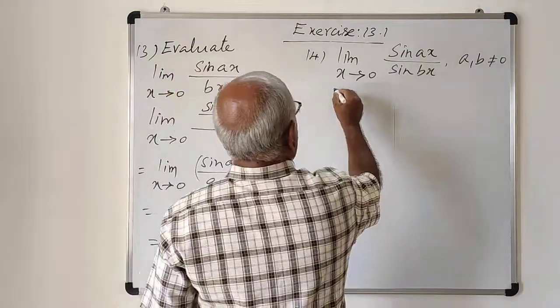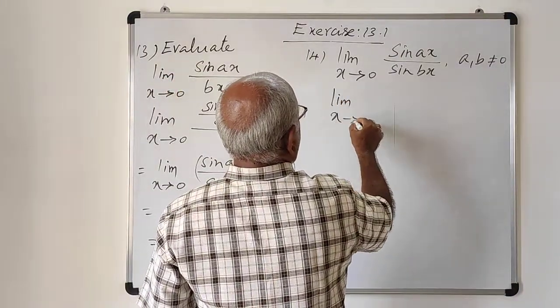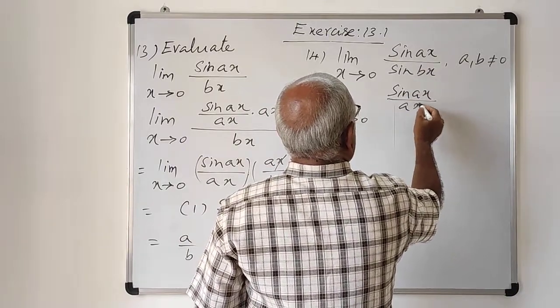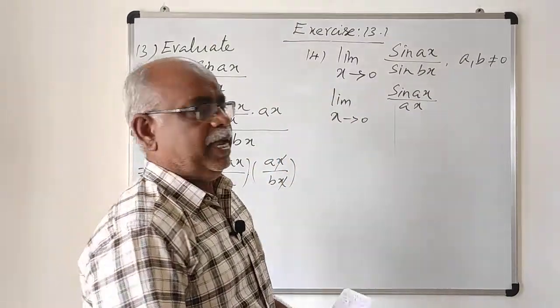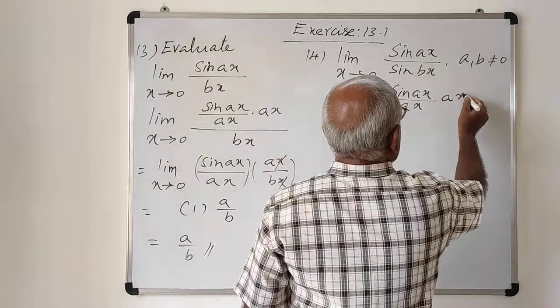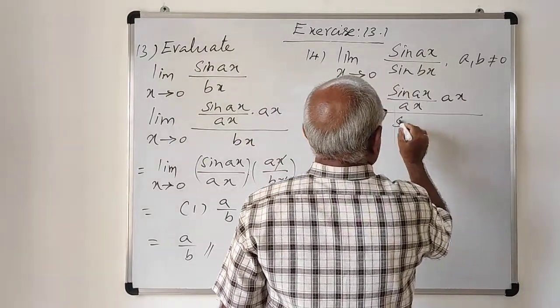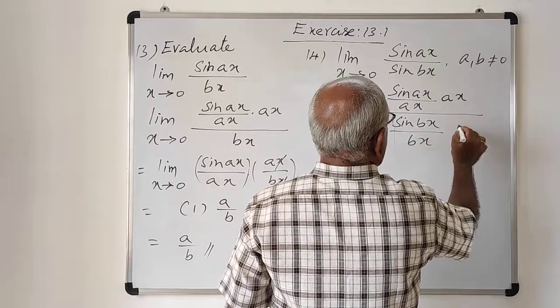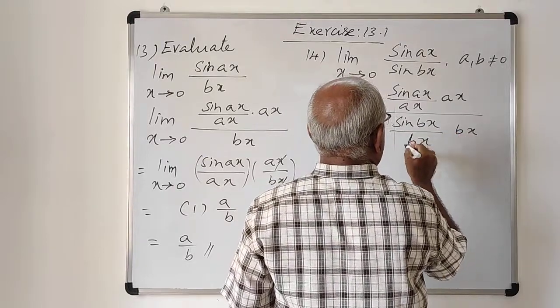In this problem, you multiply and divide the numerator by ax. Similarly, in the denominator, you multiply and divide by bx.